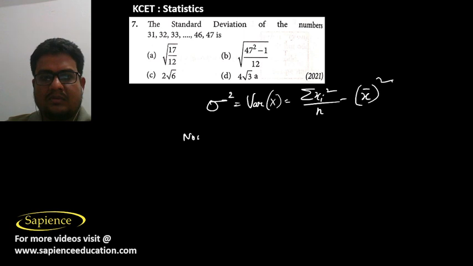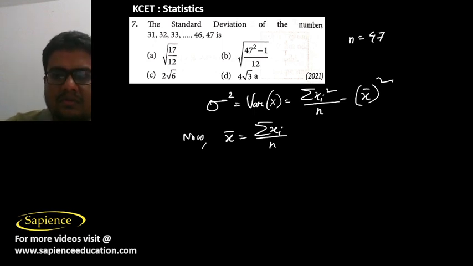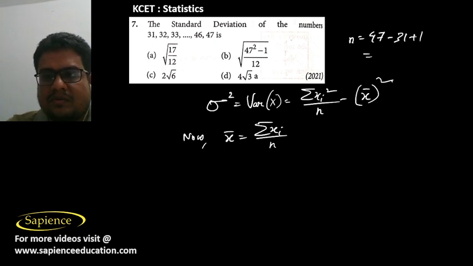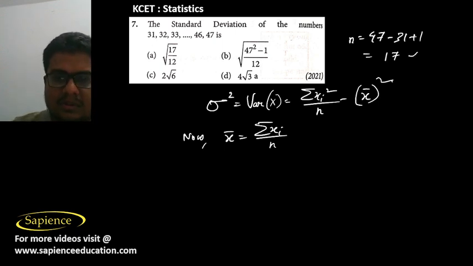So first we have to find x bar, that is equal to summation xi by n. So here the number of observations, that is 47 minus 31 plus 1, so that is 48 minus 31, that is 17. So 17 observations are there, n is equal to 17.